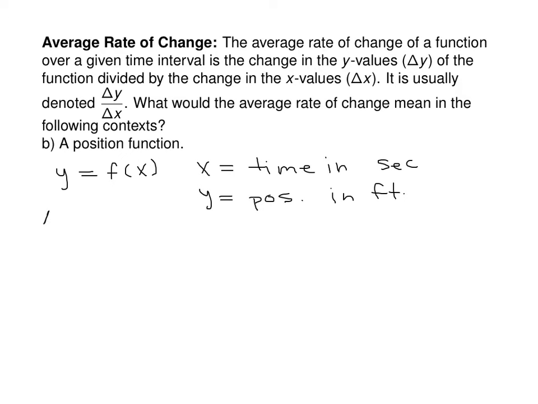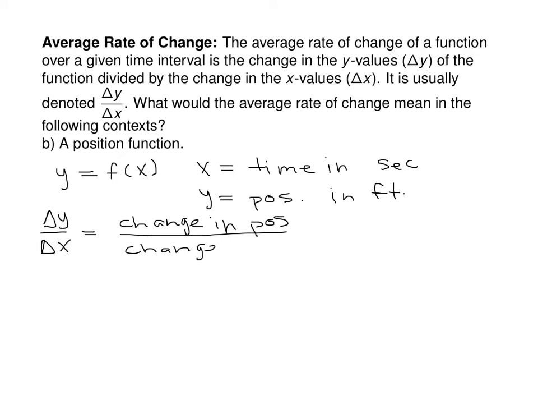In this case, delta y over delta x will be your change in position divided by the change in time. And that is going to give you the average velocity.